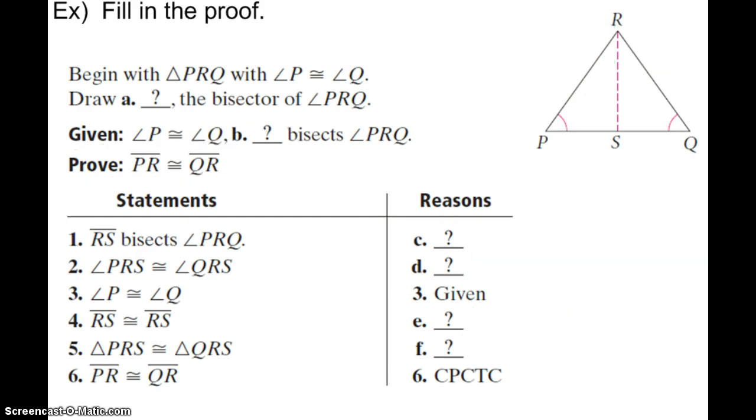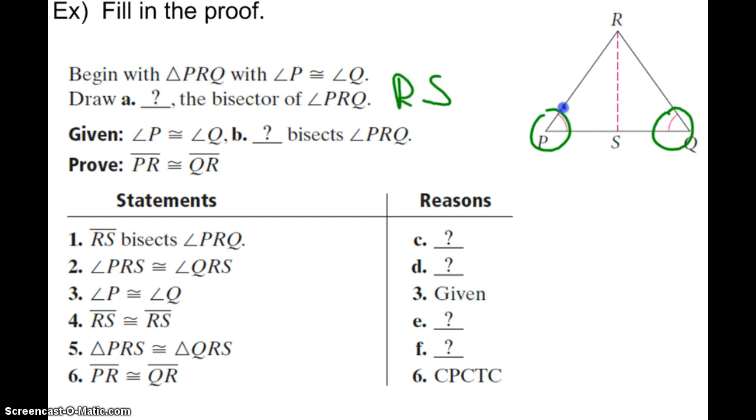This time we are filling out the reasons of a proof. It says begin with the triangle PRQ with angle P and angle Q congruent to each other, right here and here. Draw the bisector of angle PRQ. That would be RS. So we're drawing RS into the problem.